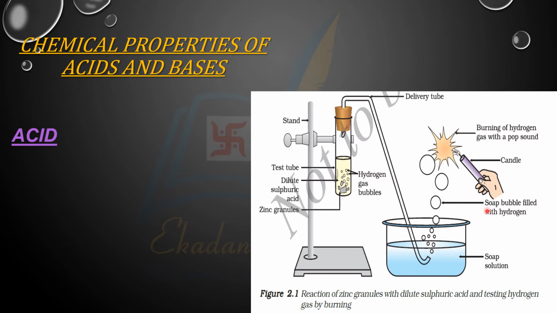We can observe this when you light a candle and hold it here. As soon as you hold your candle, the bubbles will burn and it will blast, burning the hydrogen gas with a pop sound. It is called the pop test.